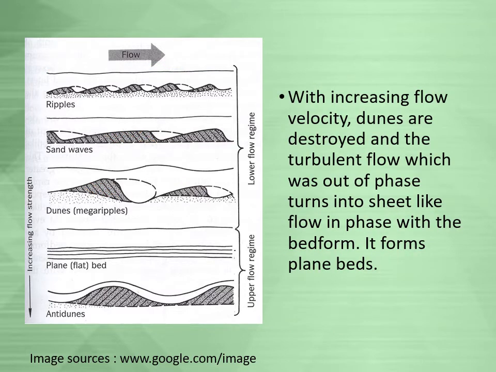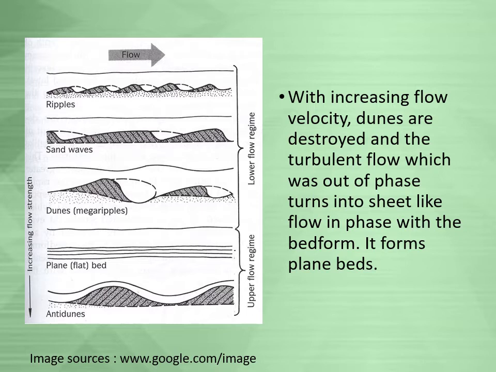Now with further increasing of flow velocity or flow energy, the Froude number crosses the value of 1. That means the Froude number becomes equal to or greater than 1.